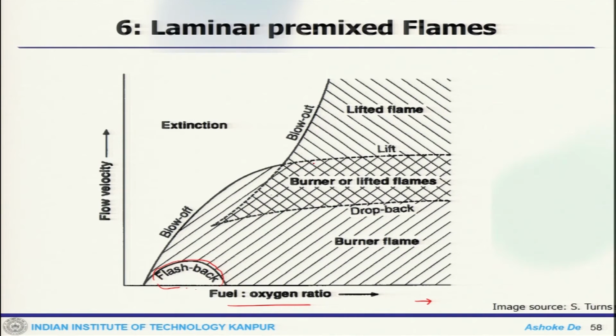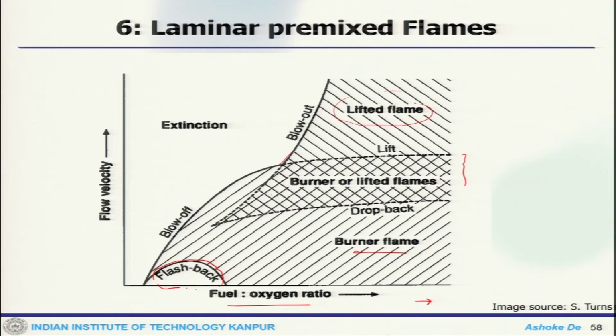This is flame blow up, that means it is completely blown out of the system, which is also not a desired system. Then this is the stabilized flame, what we mean by burner flame, burner stabilized flame. This area is something burner or stabilized or lifted flame. Then there would be again a limit of blowout with the lifted flame.